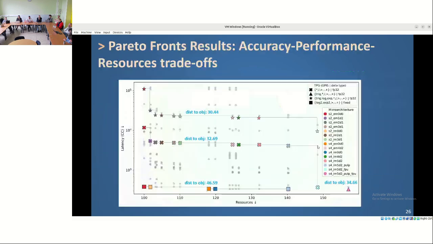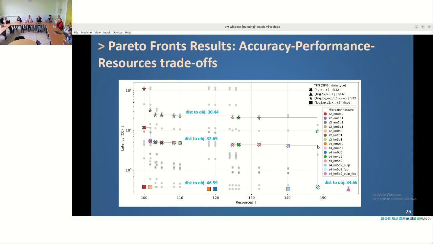Before the graph, yes, it's fine. I didn't understand where is the accuracy axis. It's in blue. Okay, so it's a good candidate with a red square is lowest accuracy.